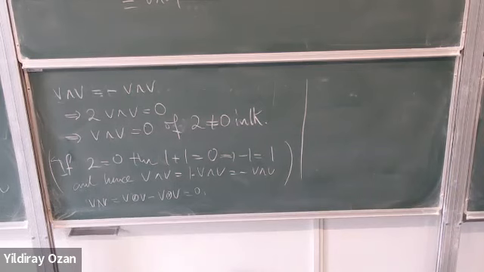The exterior product of k copies of V, denoted by this notation, is defined as the subspace of totally anti-symmetric tensors within V tensor, k copies.